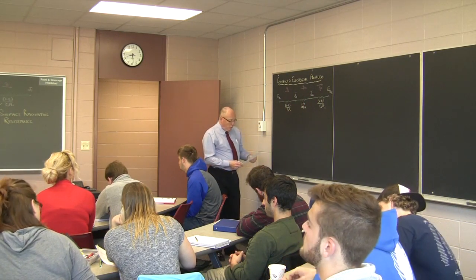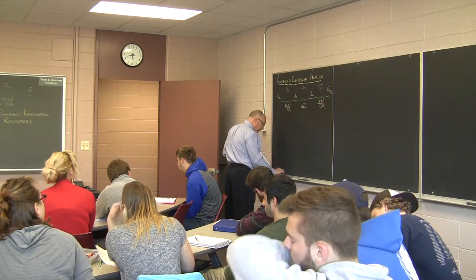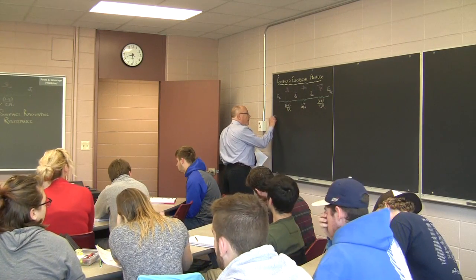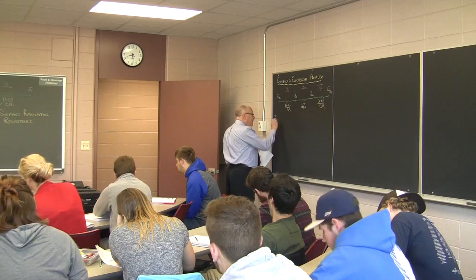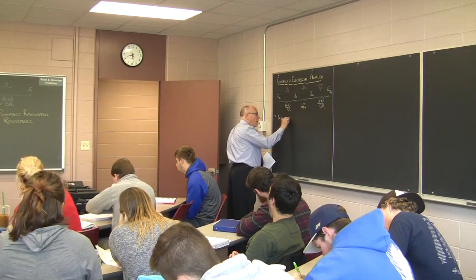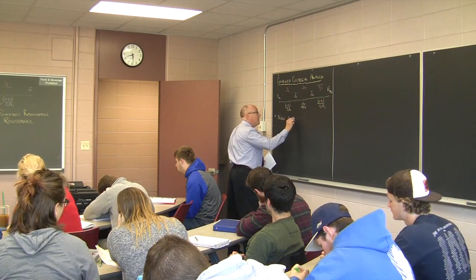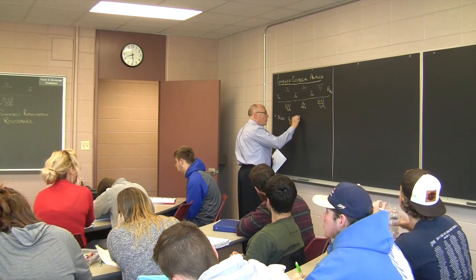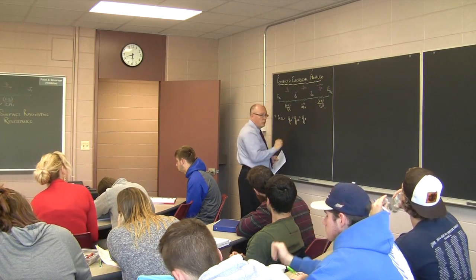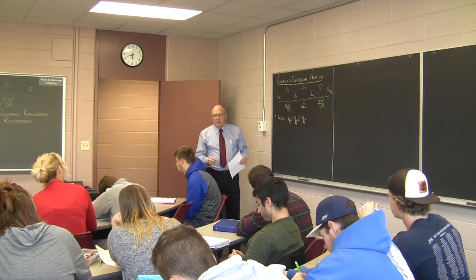All right? So what does this mean? Well, it means that Q1 is going to be equal to Q1 to 2, which is going to be equal to Q2 if we have only two surfaces in play.